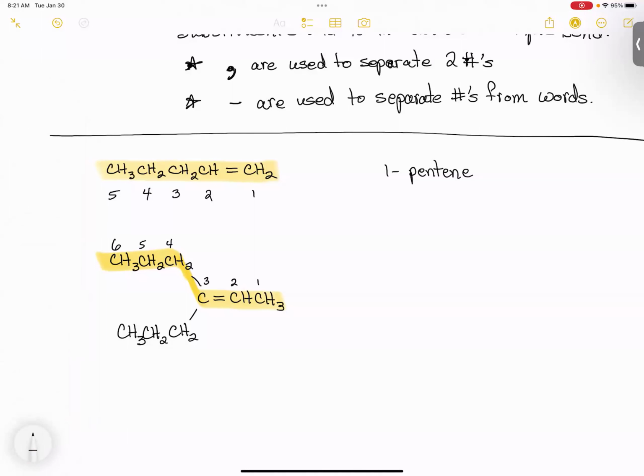So the base name is going to be a 2-hexene. It's hexene because there are 6 carbons in the chain. It is 2-hexene because the double bond starts on carbon number 2.